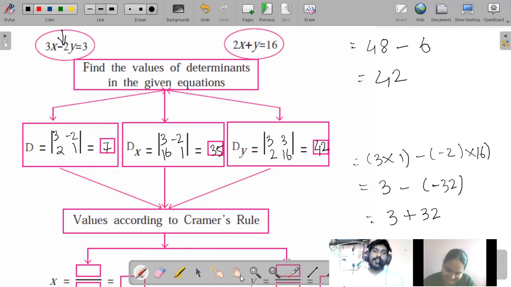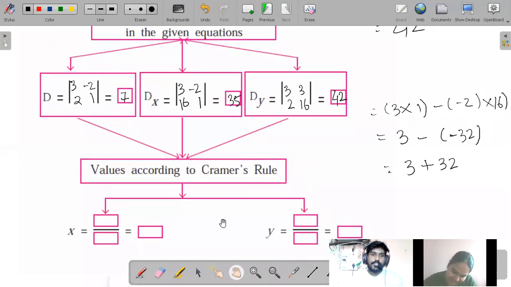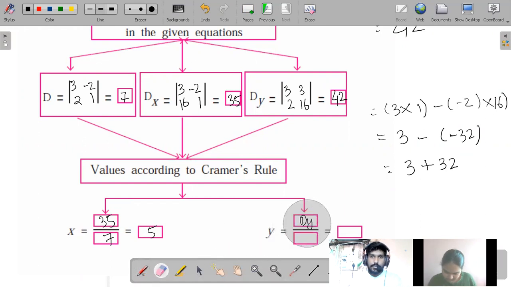42. Okay. Now substitute here. So x formula is dx upon d. No, don't write the formula. There's no space for writing the formula. You've not given many boxes. So values later. 35 upon 7. So 35 upon 7 is 5. And y is equal to dy upon d. So dy is 42.